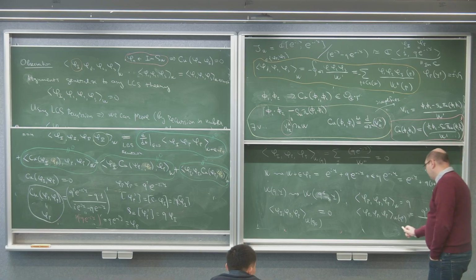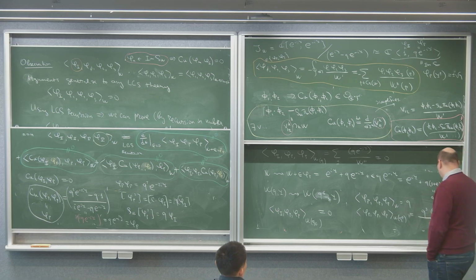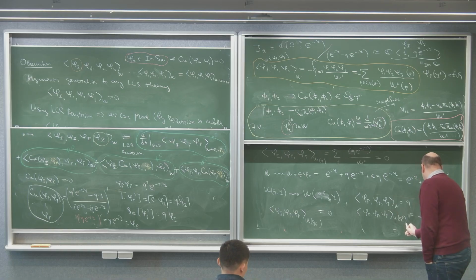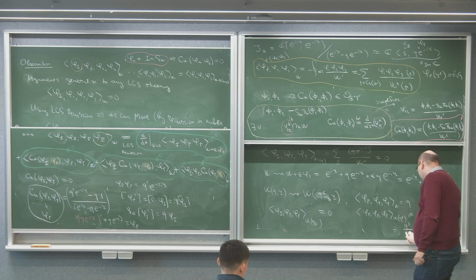So that gives the following dependence: Q cubed divided by Q epsilon squared.